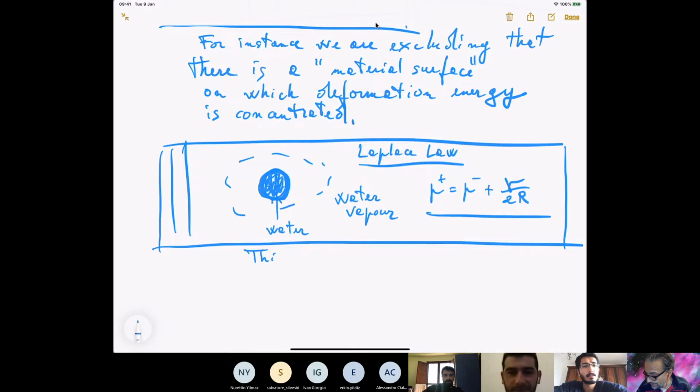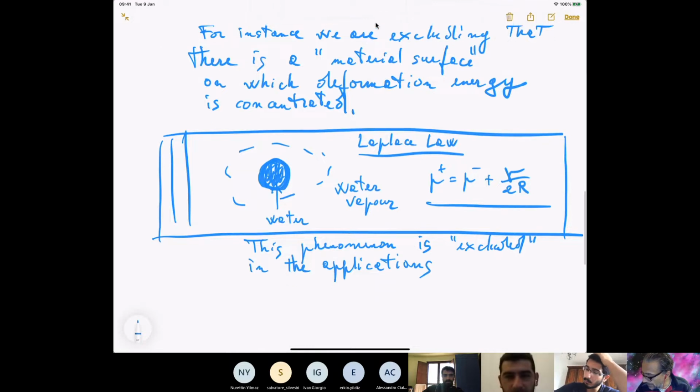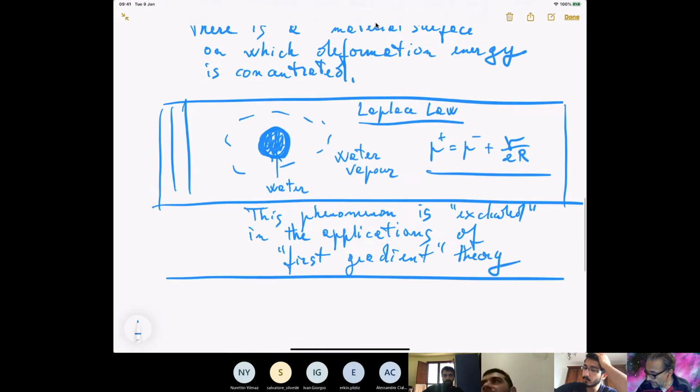So this phenomenon is excluded in the applications of first gradient theory. Okay.